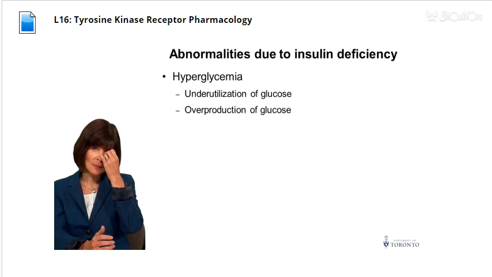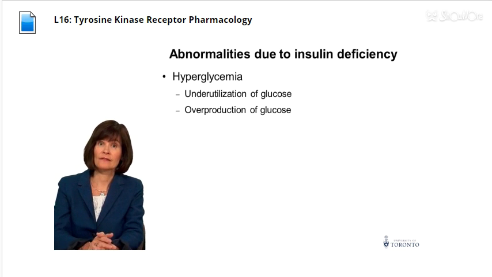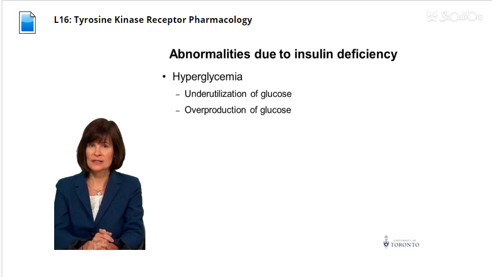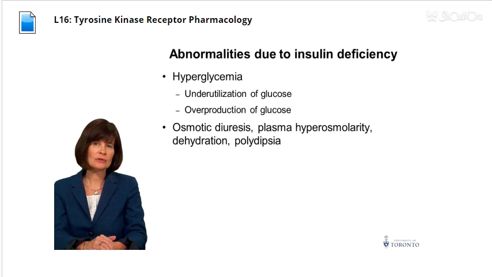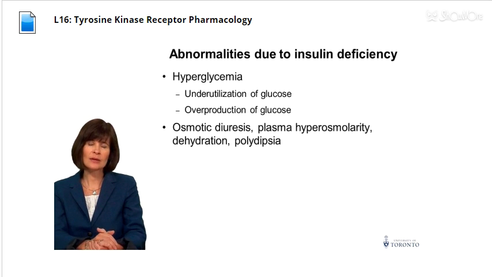So if we examine the typical symptoms of the lack of insulin that are observed in diabetes, we see that the effects of this disease go beyond lack of glucose tolerance. Patients experience hyperglycemia that results from both underutilization of glucose and excess production of glucose from the liver. Excess glucose in the blood has an osmotic effect, resulting in the body attempting to resolve plasma hyperosmolarity by taking in water.